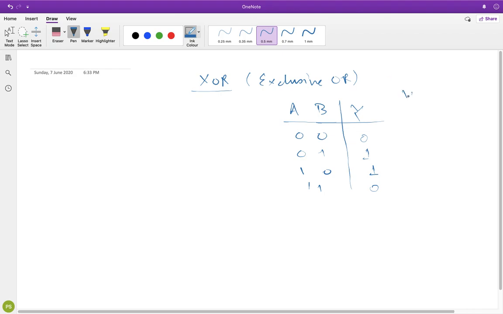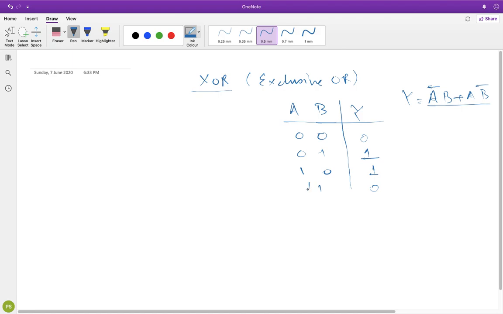So we can write y as A bar B plus A B bar. When both the inputs are the same we get 0, and when they are different we get 1.